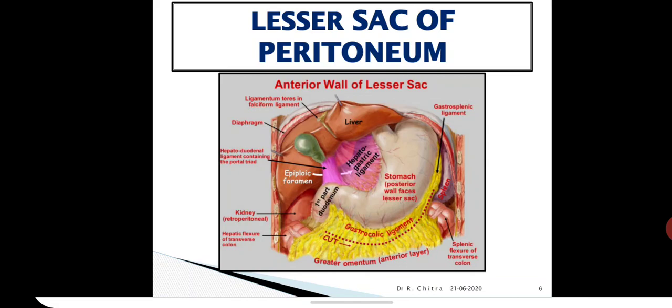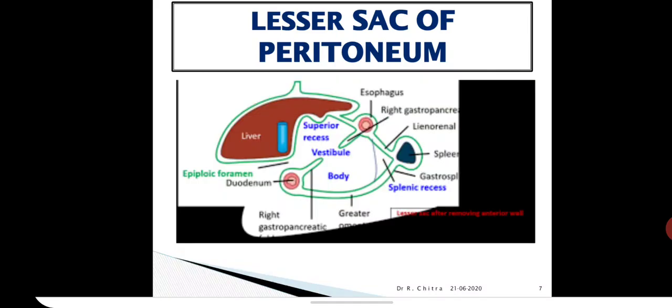Now the upper margin and lower margin. The upper margin is formed by the reflection of the peritoneum from the diaphragm to the upper end of the caudate lobe of the liver. In this you can see the upper margin clearly.